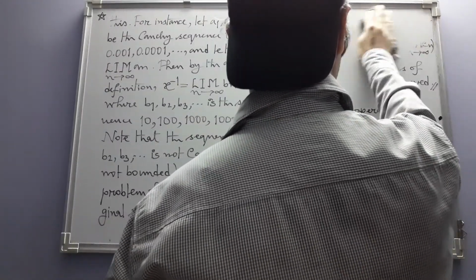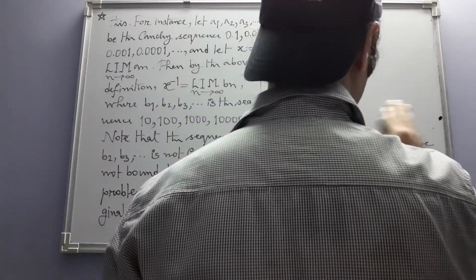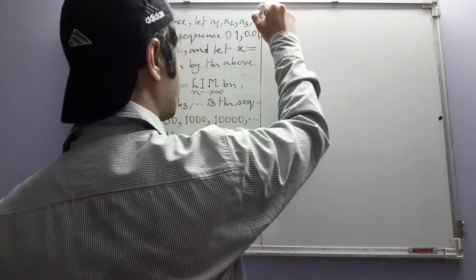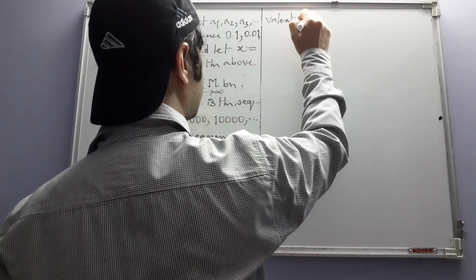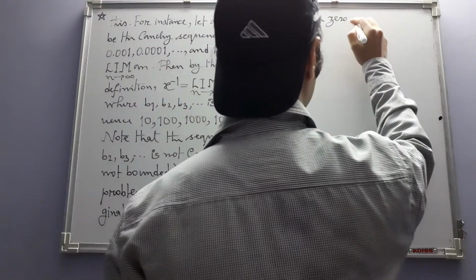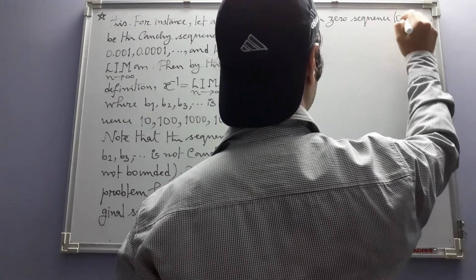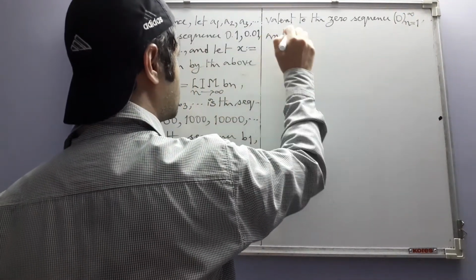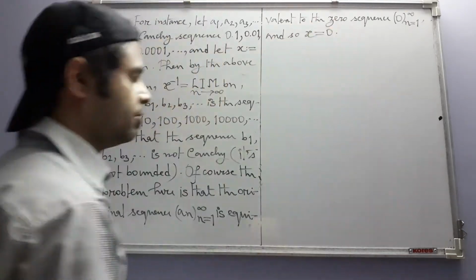And we already know that the rational number 0 cannot be reciprocated. So that is the problem in this case: An is equivalent to the zero sequence, and so x is equal to 0.